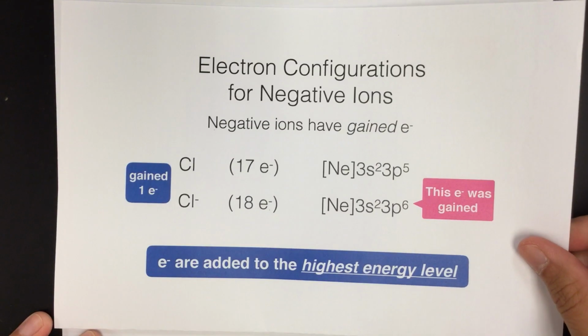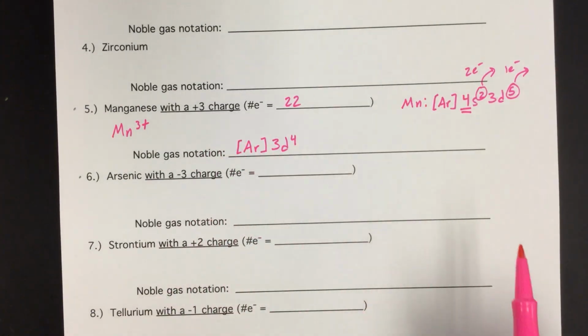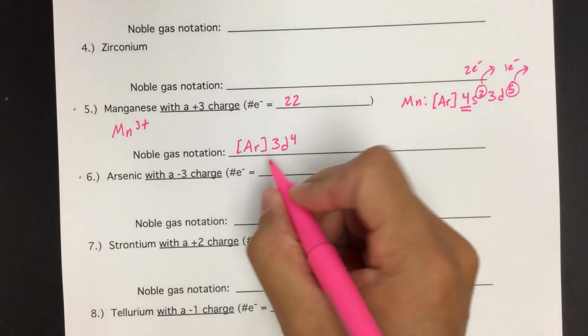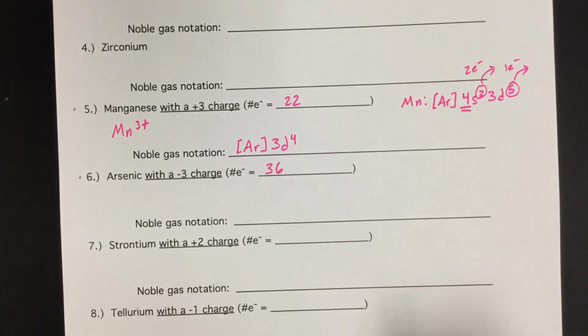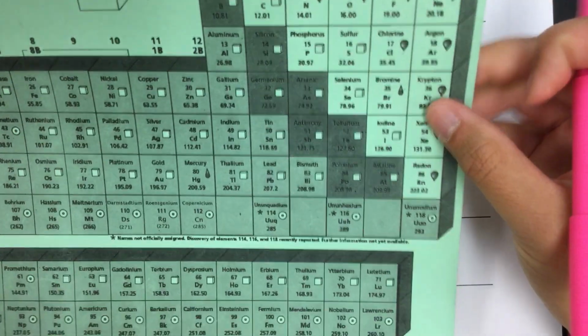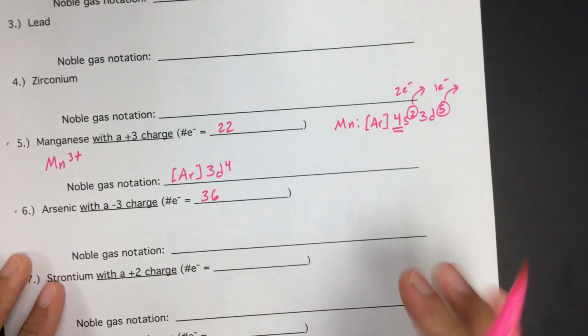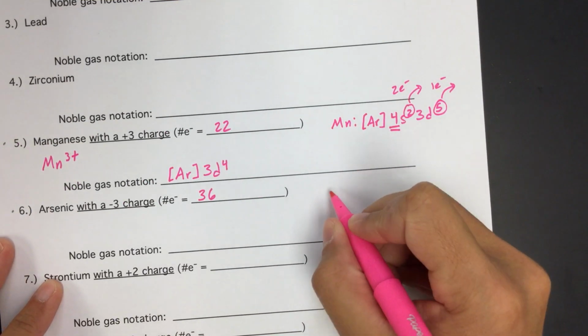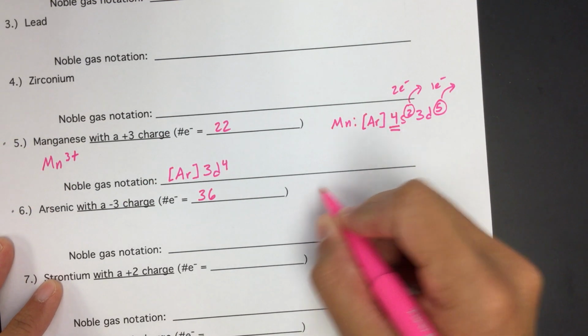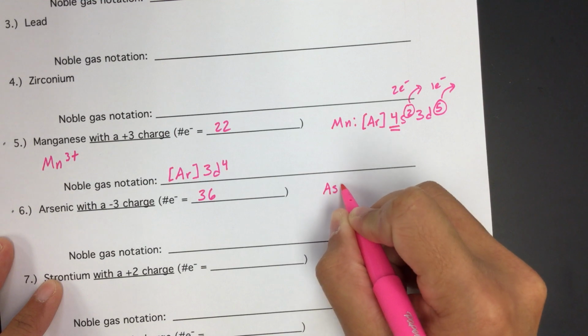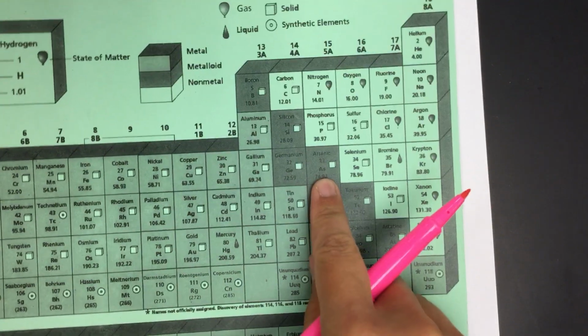This time we are adding. We're adding 3, so if we started with 33, we're actually going to have 36 electrons. Again, I'll take my own advice. It's not as important with the negative ions, but if I wanted to write the configuration for a neutral arsenic, I'll just do that first. It won't take too long.